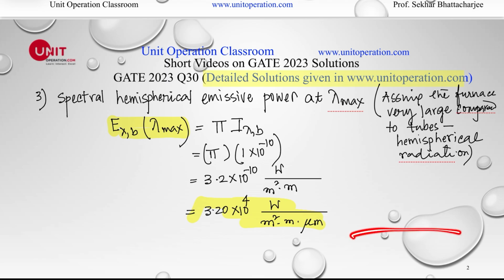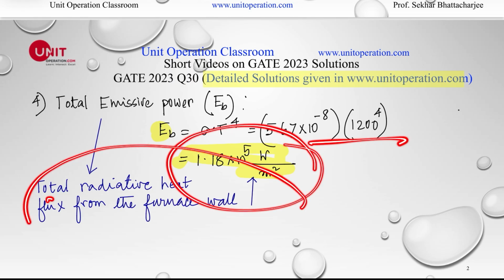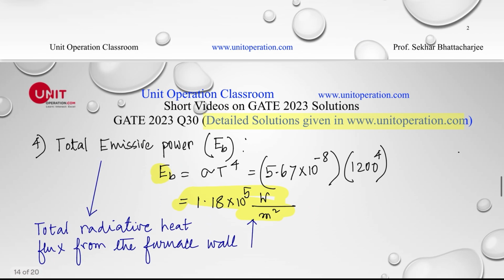When it is integrated over all lambda from 0 to infinity, it gives the total energy emitted, which for a black body is given by sigma T to the power 4. So this is the total radiative heat flux from the furnace wall.